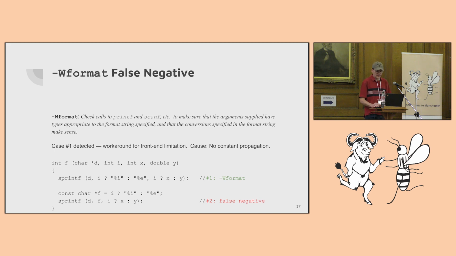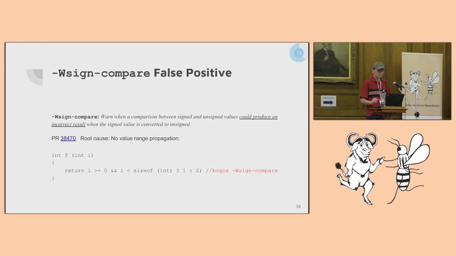The reason for that, I think I already mentioned, is there is no constant propagation from the declaration of f in the second case, the format string, to the use of the format string in the sprintf call. Here's an example of a false positive from the -Wsign-compare warning, which is specified as a warning that could produce an incorrect result during the comparison between signed and unsigned values.